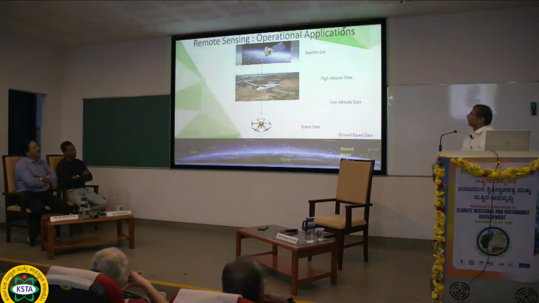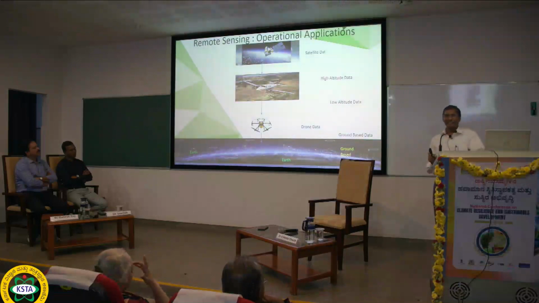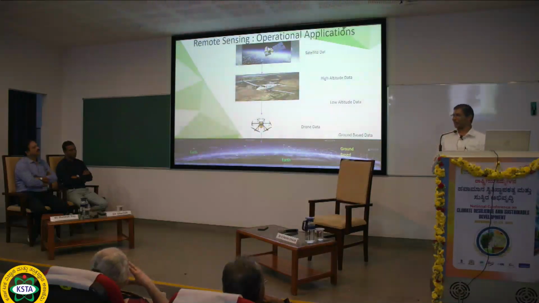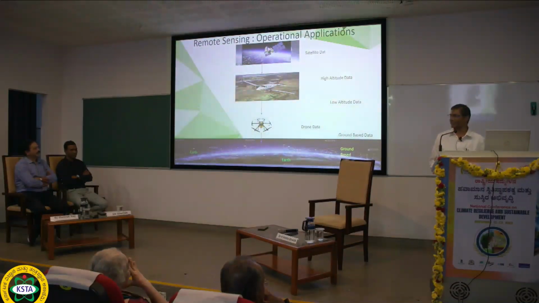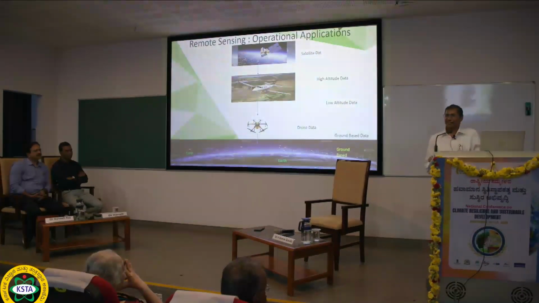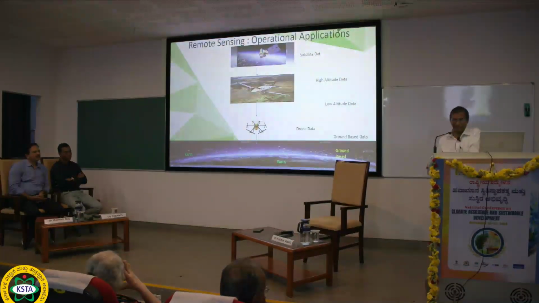So you are aware, July 1972 was the beginning of the era wherein from almost 700 to 800 kilometers you were able to observe the Earth without touching the object. That was the starting point, 1972, wherein the USA launched the first satellite called Landsat-1.